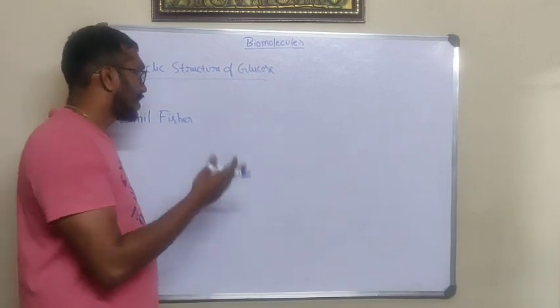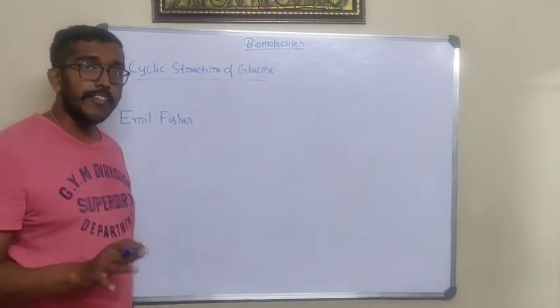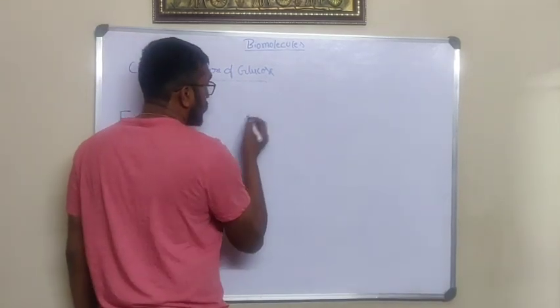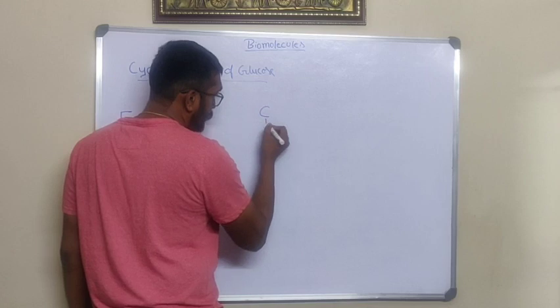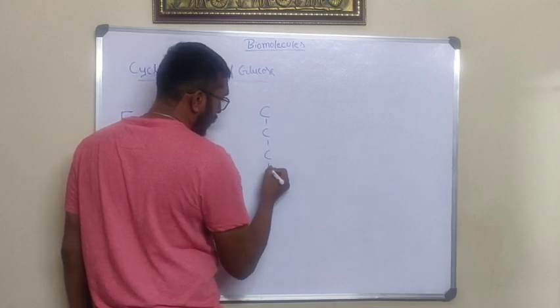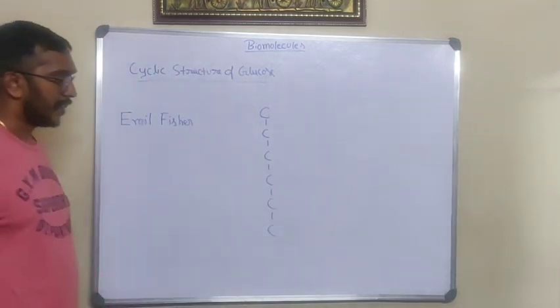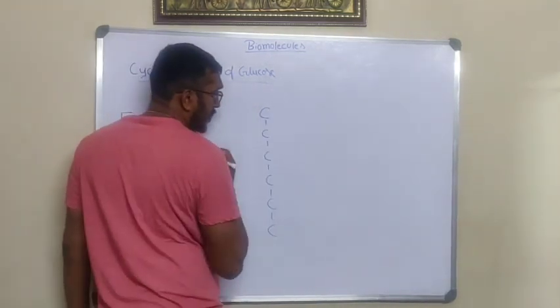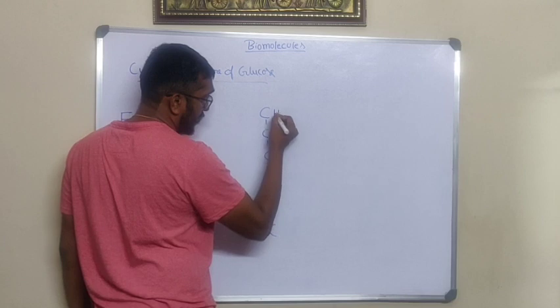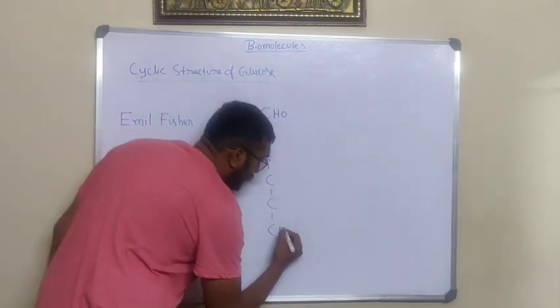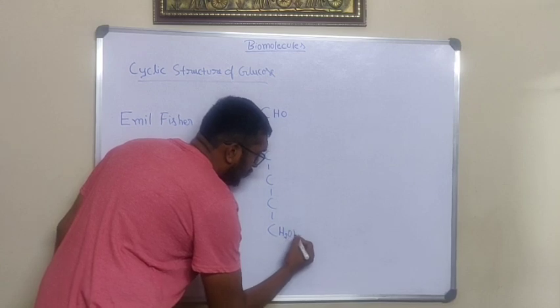I have already discussed the structure in my previous video, but again I am going to write it here. So listen carefully. There are 6 carbon atoms: 1, 2, 3, 4, 5, 6. The first carbon atom will be CHO and the last carbon atom will be CH2OH.